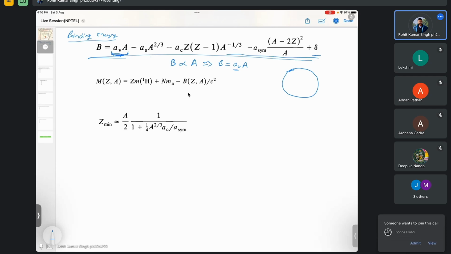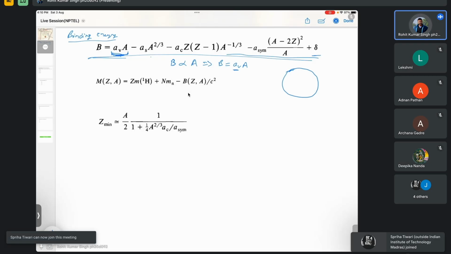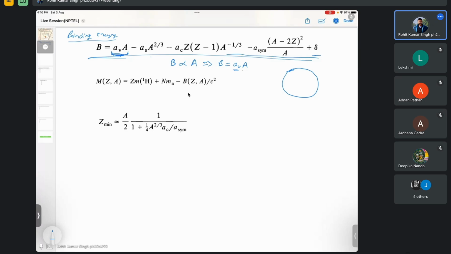This is called the volume term basically because we are talking about the whole nucleus, its bulk. It's just a proportionality constant, okay.